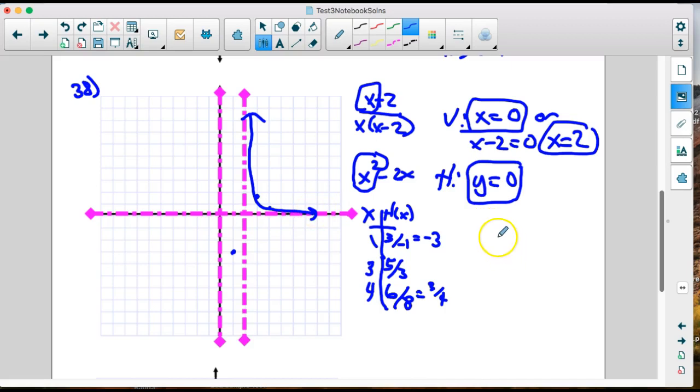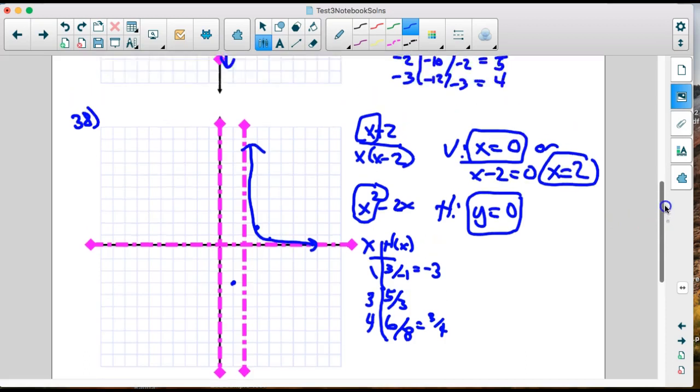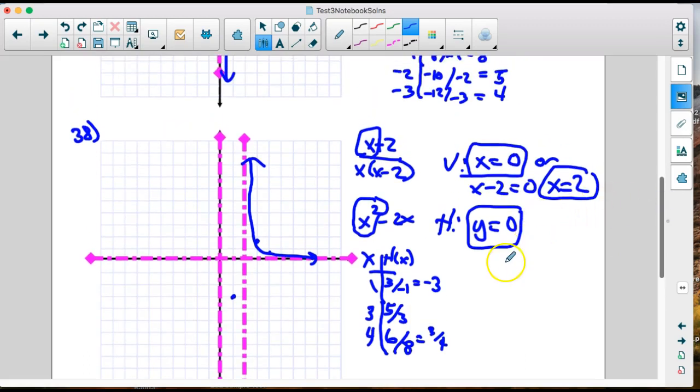So if I took my function and set it equal to 0, that would be the numerator equals 0. That would be x plus 2 equals 0, also x equals -2. So that actually tells me that at -2 we're going to have 0. So 1, 2. So it looks like it crosses right here at -2.